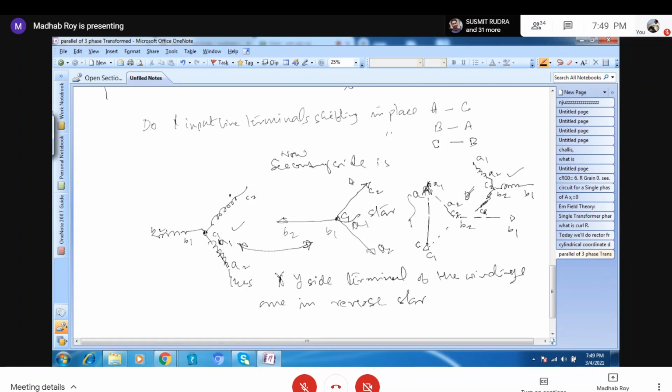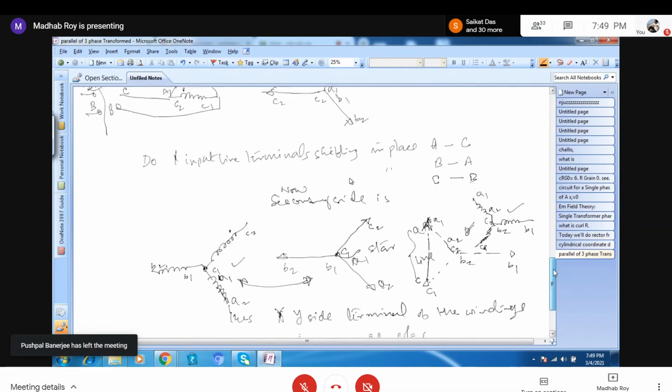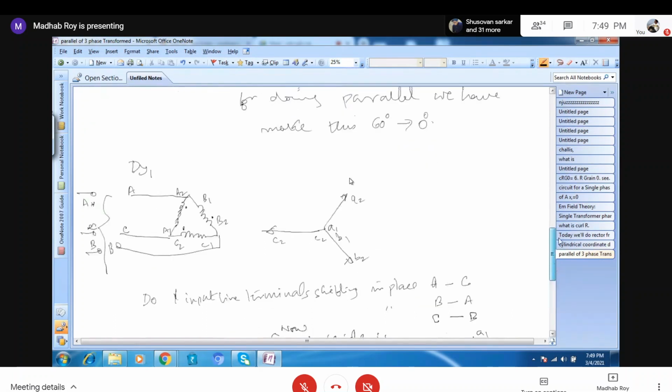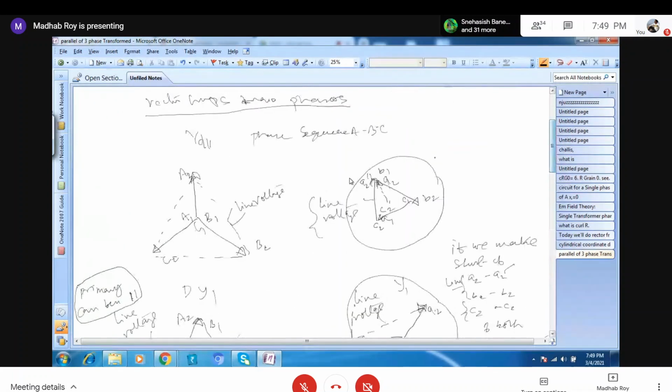Okay, and this is the line for the same DY1. So now the earlier phasor was this C and A.